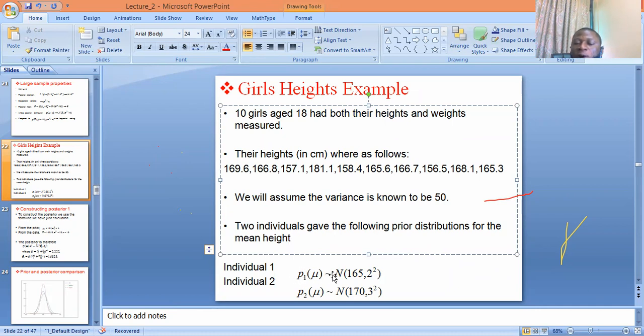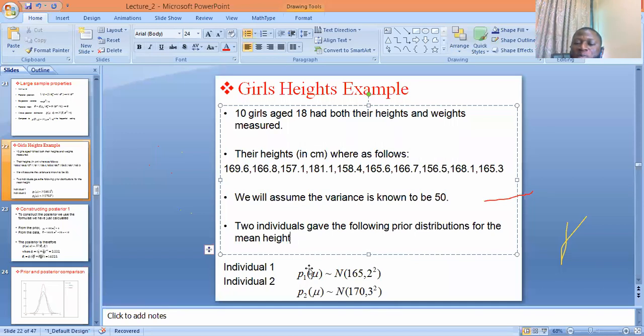Two individuals give the following prior distribution for their mean height. The first individual says okay, we are dealing with only girls, so her height is 165, and then the variance is 4. The second person says her height is 170, and the variance is 9.